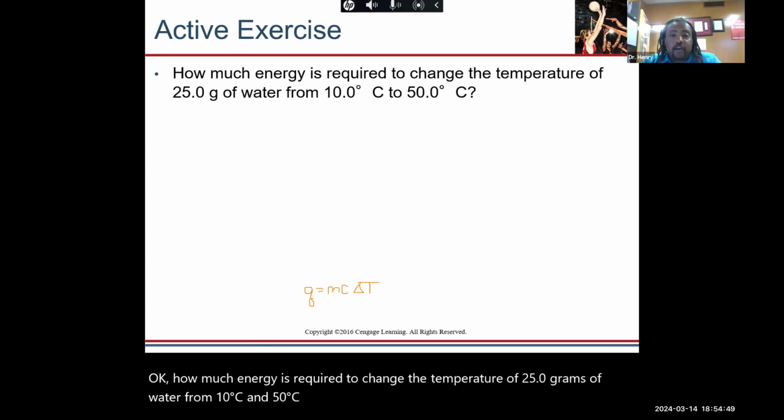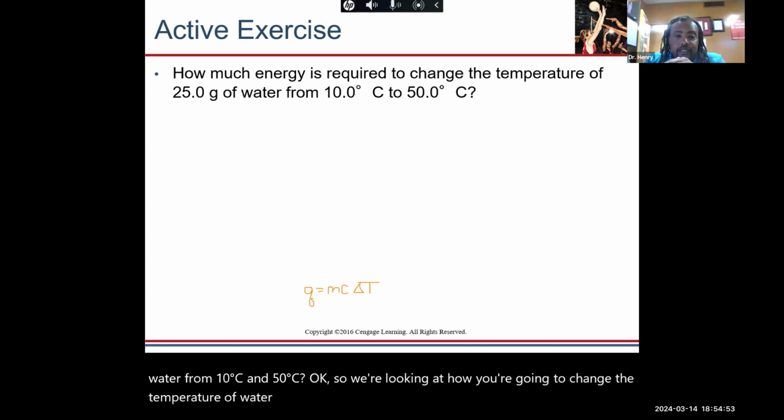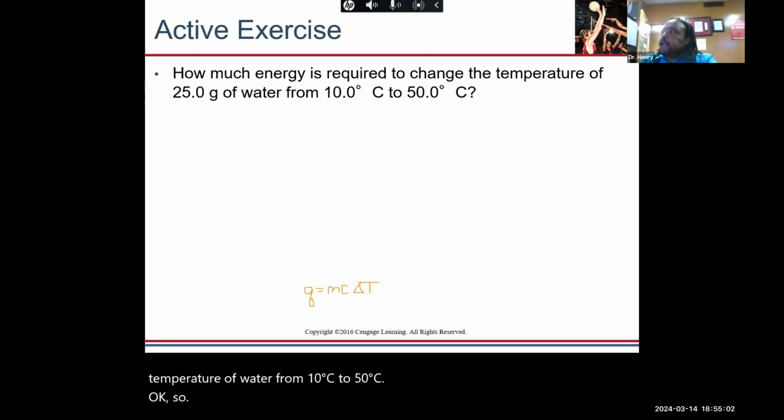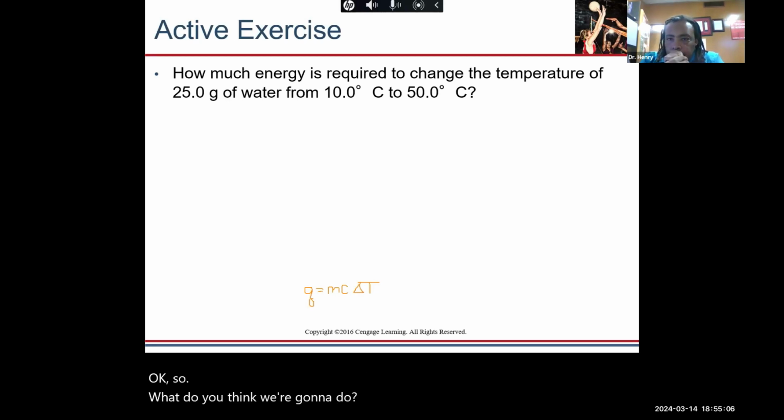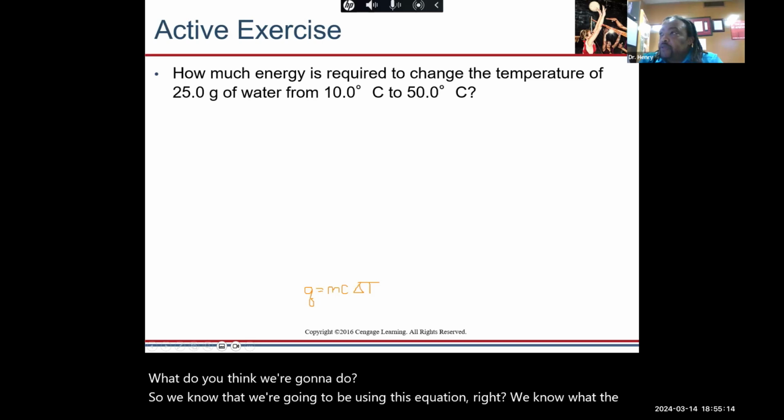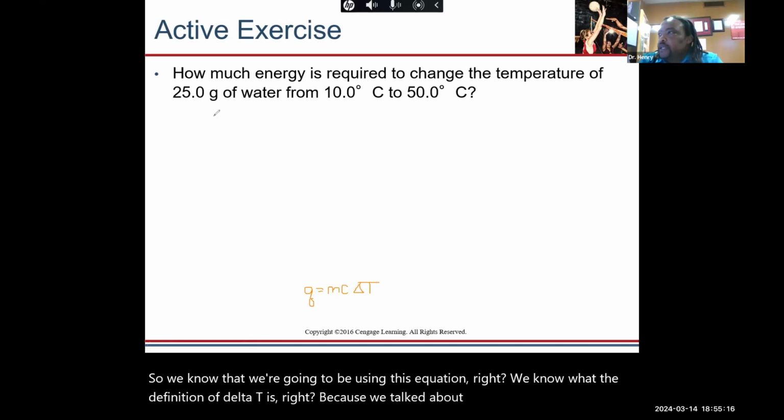So we're looking at how you're going to change the temperature of water from 10 degrees Celsius to 50 degrees Celsius. So what do you think we're going to do? We know that we're going to be using this equation, right? We know what the definition of delta T is, right? Because we talked about that 2 weeks ago.